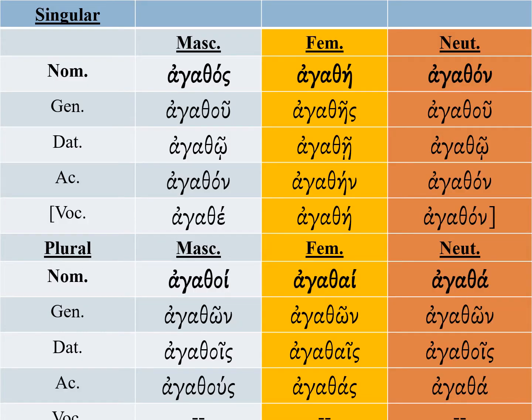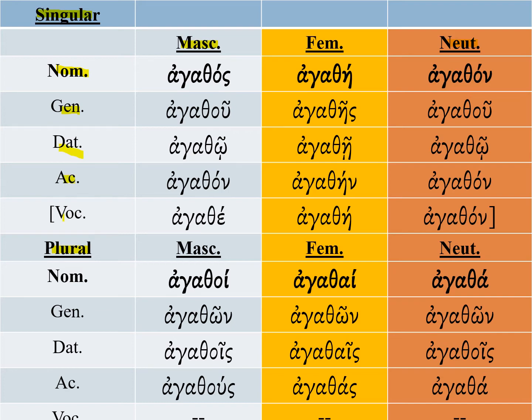So here you see a whole chart that has the adjectives. Now, as you can see, singular and plural, and masculine, feminine, and neuter. And the cases, nominative, genitive, dative, accusative.